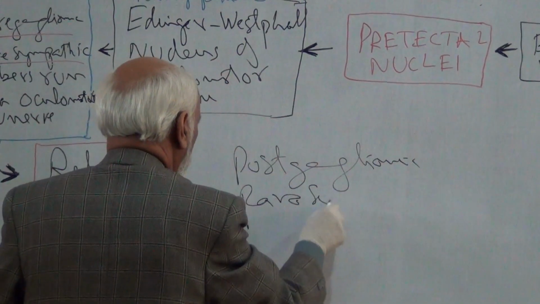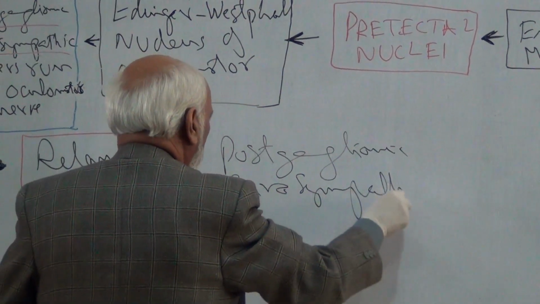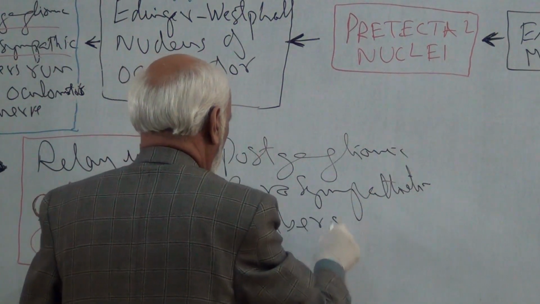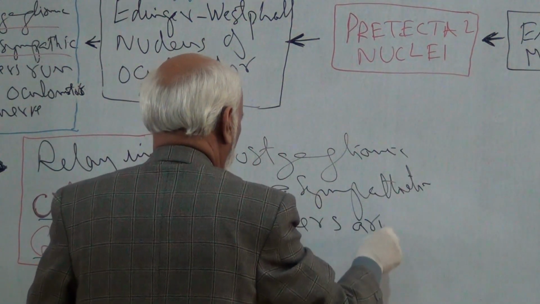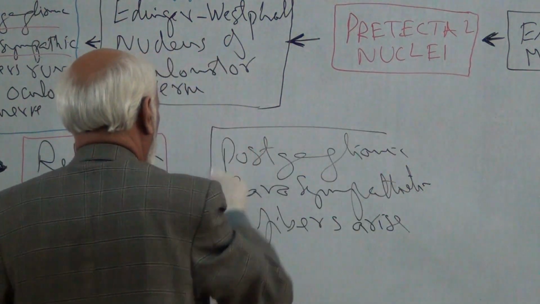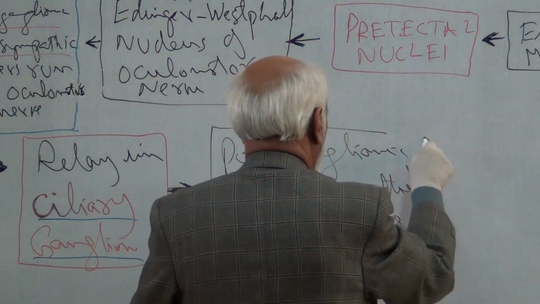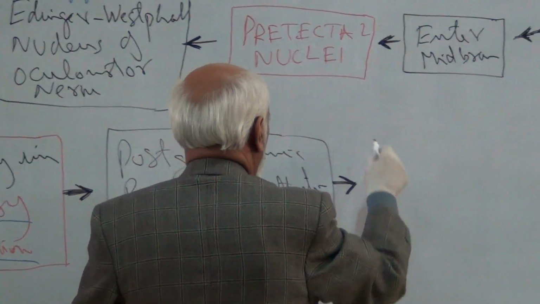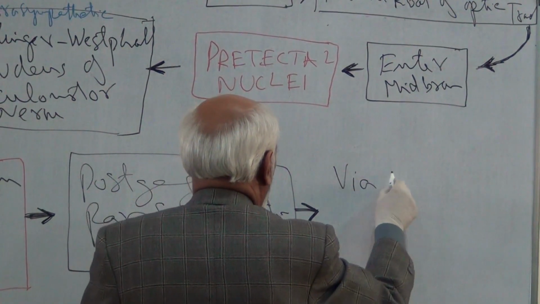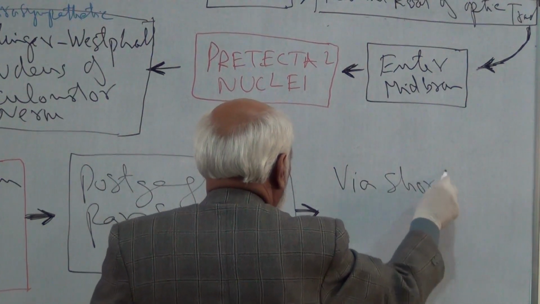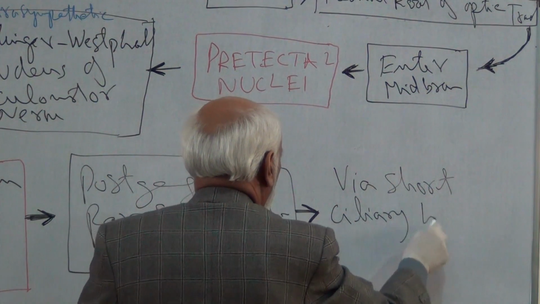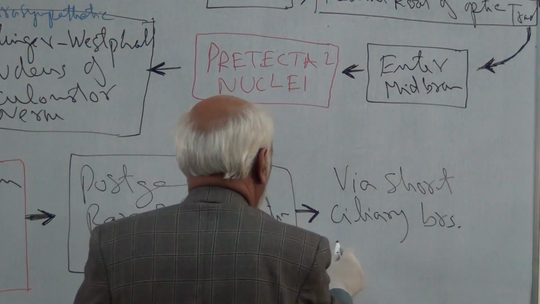Postganglionic parasympathetic fibers arise and run via the short ciliary branches.